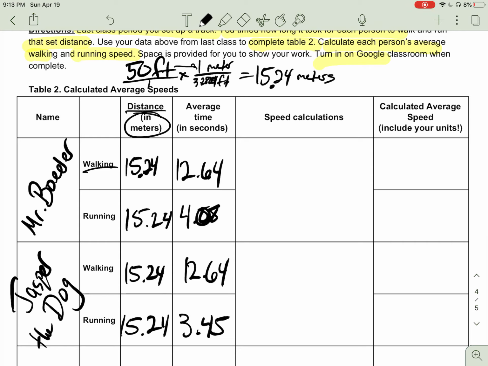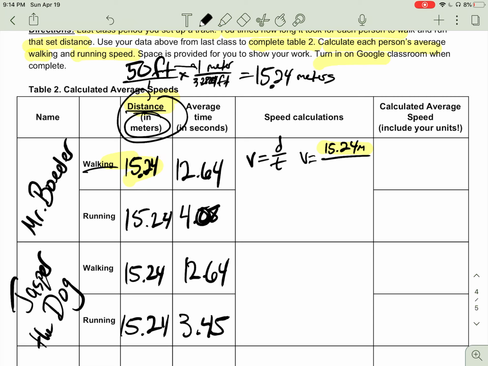Our speed calculations are just going to use the formula that we learned today, that velocity or speed is equal to distance divided by time. So for instance, my velocity would be equal to 15.24 meters because that was how long my track was. You'll have to use the distance that was your track. So your distance here might be different than mine, and that's okay.